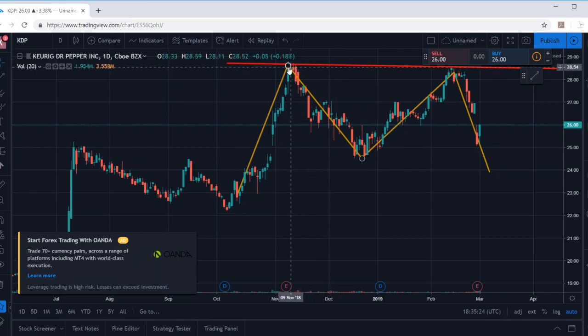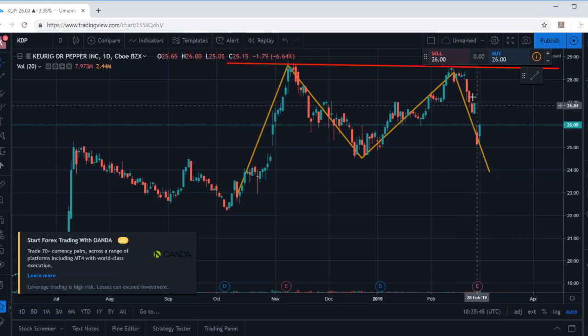So I drew my trend line. The stock went down, went down, went down. Then it started going up again. I will be watching this trend line. Will the stock break above this? If it does, that is a signal to go long. But if it doesn't, that's a signal to go short.